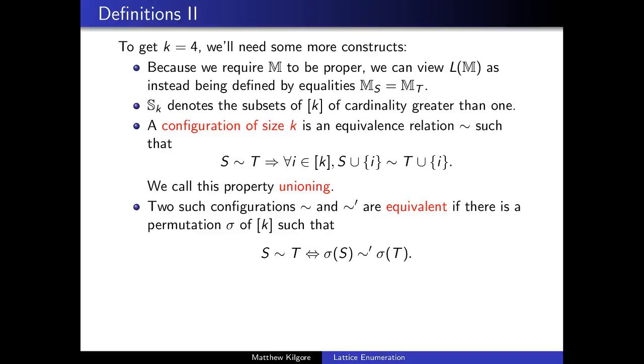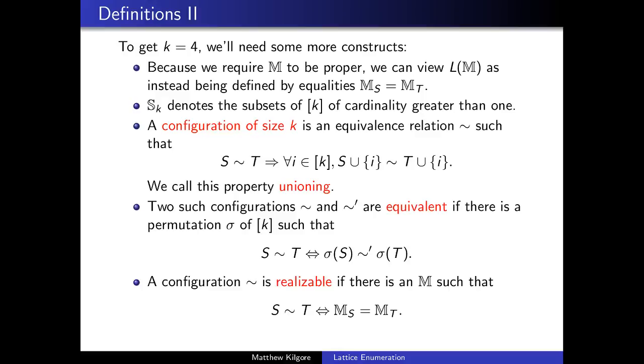We say that two such configurations are equivalent if there's a permutation sigma of [k] such that S is equivalent to T if and only if sigma(S) is equivalent to sigma(T) in the second relation. Finally, we say that the configuration is realizable if there's an M such that S is equivalent to T if and only if M_S equals M_T.